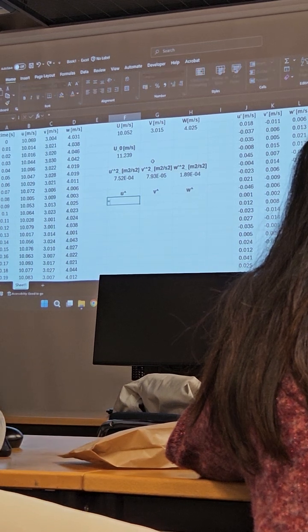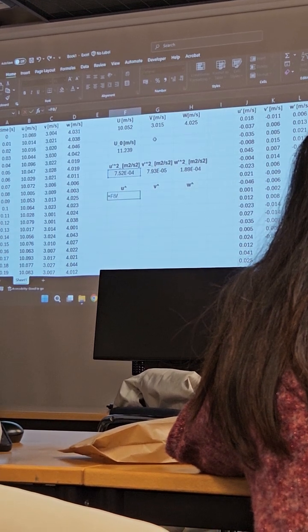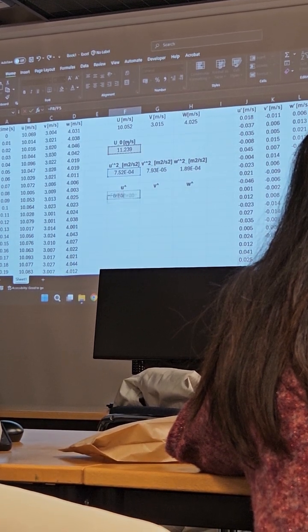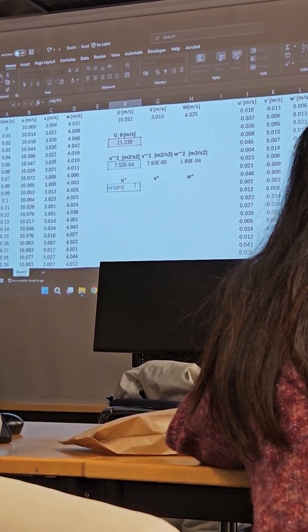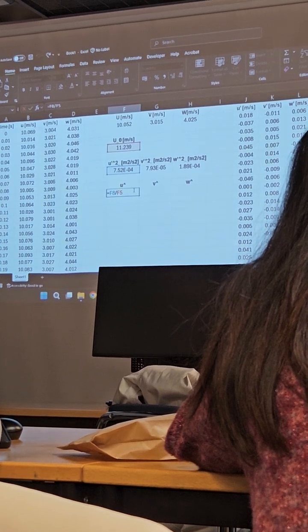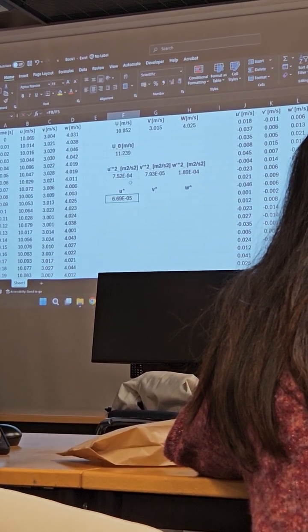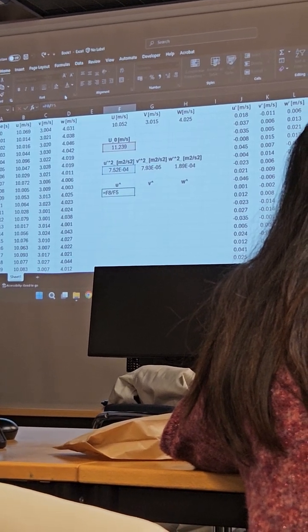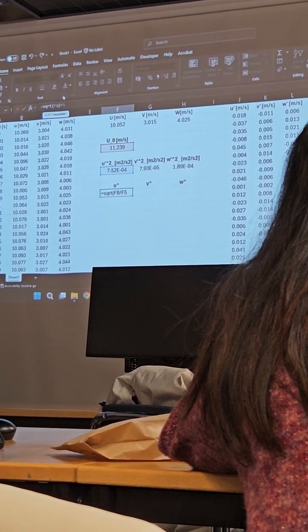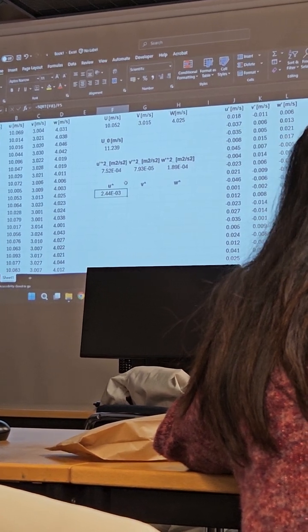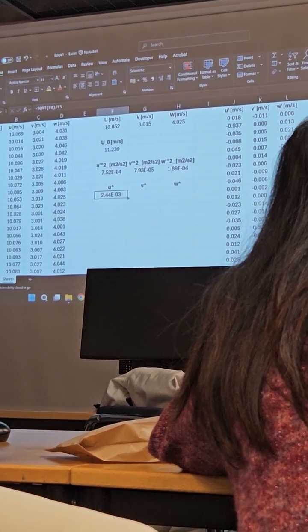So the first one is going to be the ratio between the square root of U prime squared average over U0, which we can do also for the other two directions.